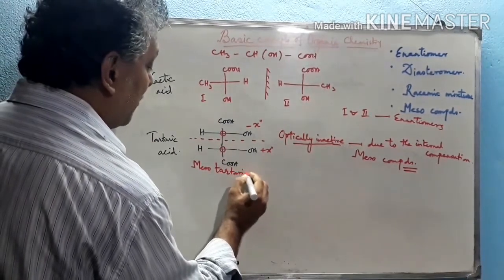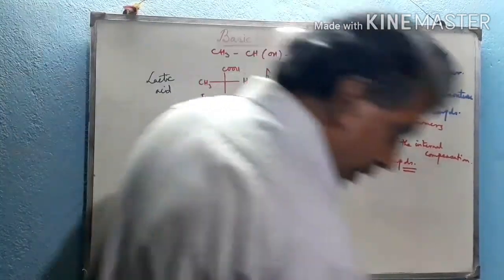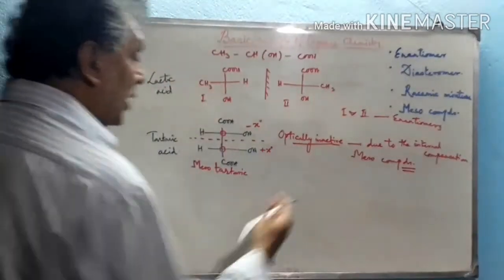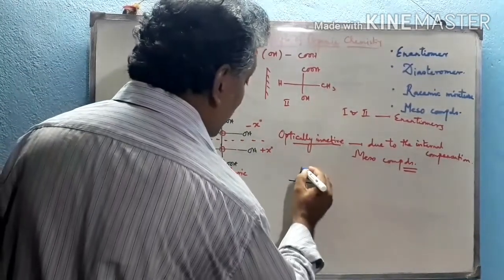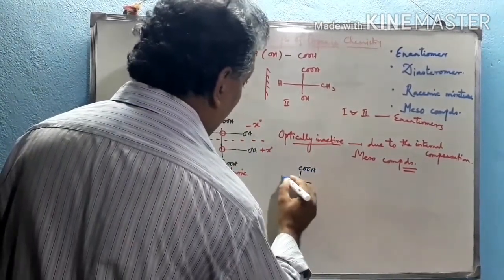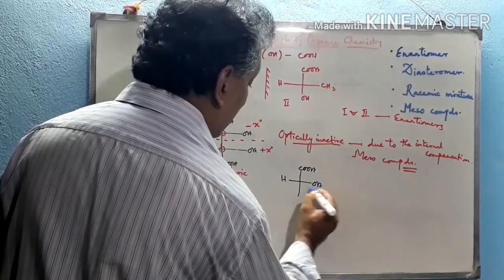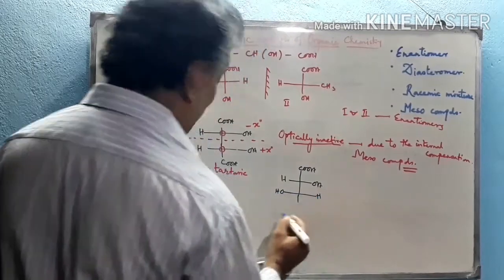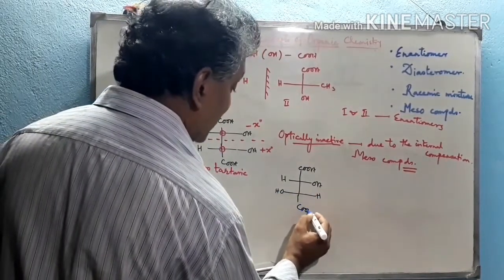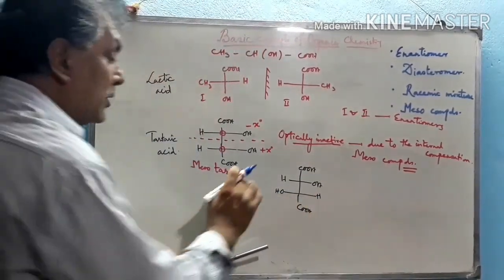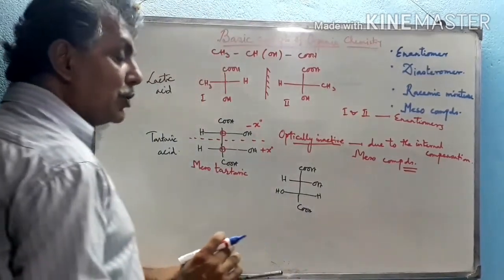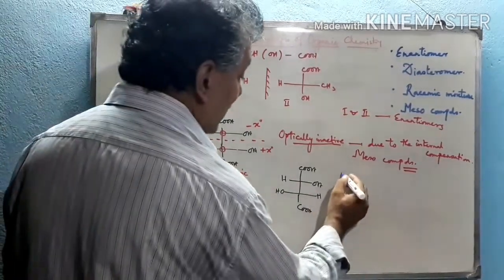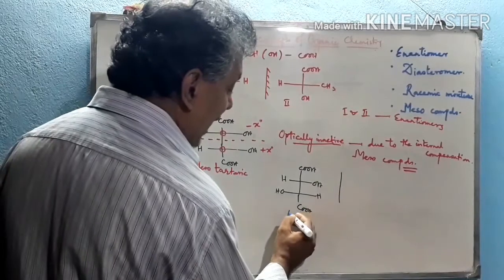But if the configuration of any one carbon atom is changed, suppose COOH is here, OH and H remain the same at one carbon, but at the other the OH is here and hydrogen changes its position, with COOH also remaining the same, then you see that no axis of symmetry or plane of symmetry is obtained. Then we can say that it is an optically active compound.